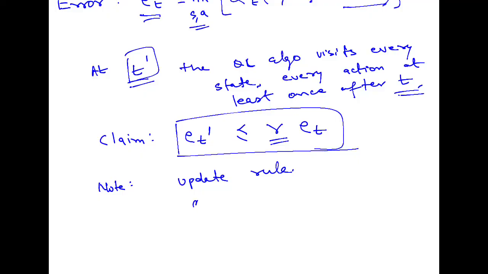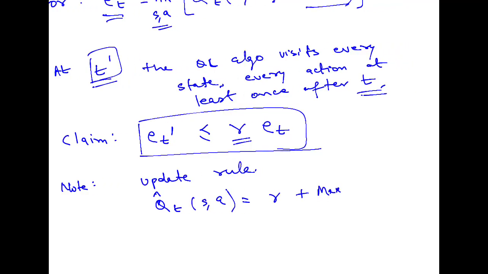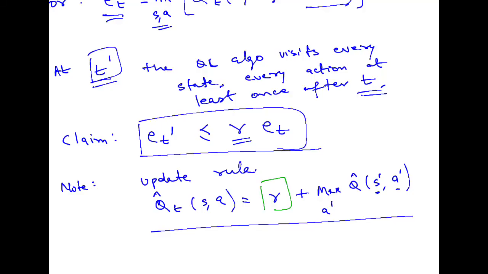Q hat t S comma A at state S is the reward plus gamma times the maximum over A prime of Q hat S prime A prime, right? If you take action A at state S and you go to the next state S prime, this is how you update Q hat t, right? Now this part of the update is correct. This is the actual reward you get. This may be incorrect.